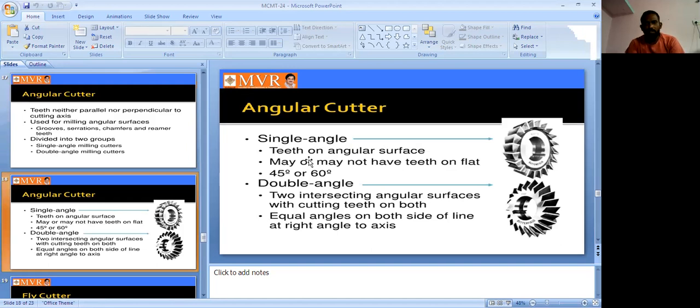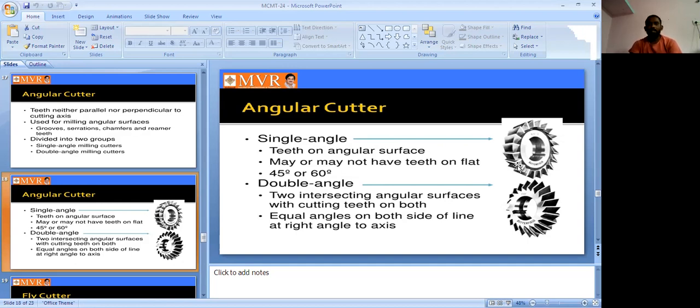In the single angle cutter, the teeth are on the angular surface. We can see the teeth on angular surfaces. It is one of the single angle angular cutters, and this one is a double angle angular cutter. It may or may not have teeth on the flat. It may have a flat top, where the teeth are on flat surfaces, while the teeth are on angular surfaces.